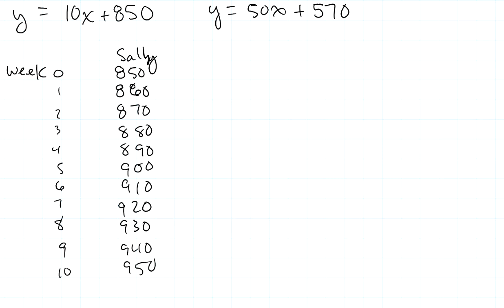Let's see, George, on the other hand, is starting at 570, and every single week it's going to jump by 50 points. So he's going to jump from 570 to, let's see, add 50 to that, it'd be 620.